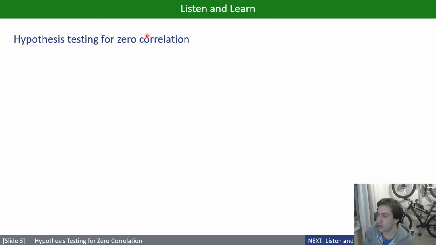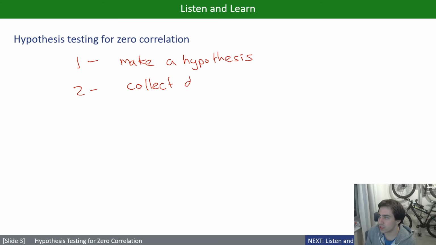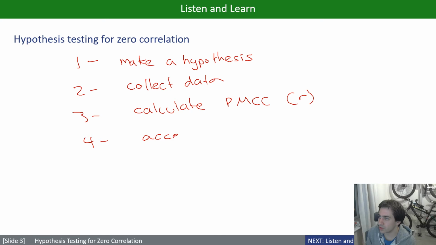Okay, so I'm just going to quickly summarize in note form the four-step process here, but I'm not going to be technical about it yet. So hypothesis testing for zero correlation is literally: make a hypothesis, then you collect your data, then you calculate the PMCC, which in this case is your little r, and then you'll either accept or reject your hypothesis.